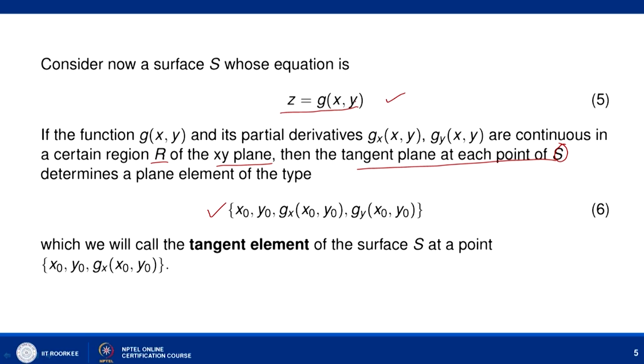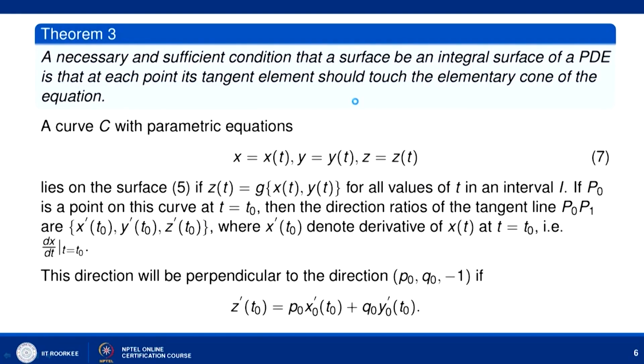Now, once we have a tangent element, then on geometrical grounds, if this surface S is a solution of the given PDE, that is the integral surface of the PDE f of x, y, z, p, q, it touches at every point of the surface the elementary cone, or you can say it touches the Monge's cone.